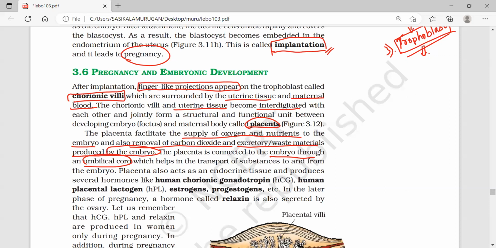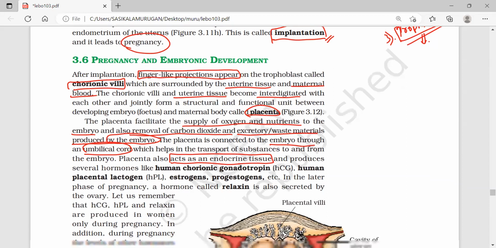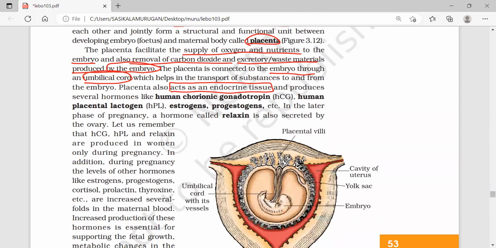Now we are going to discuss the role of the placenta. The placenta is not only transporting waste materials from the embryo, it also acts as an endocrine tissue. This is very important. The placenta forms only during pregnancy, and at the same time it acts as an endocrine tissue and produces several hormones, which are very, very important. We can expect a question: which of the following hormones are synthesized by the placenta?